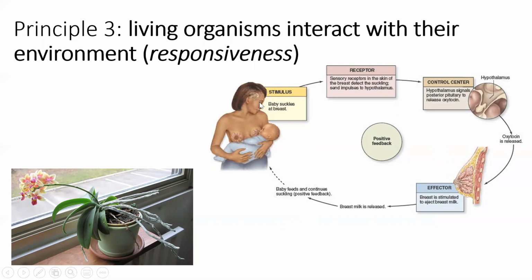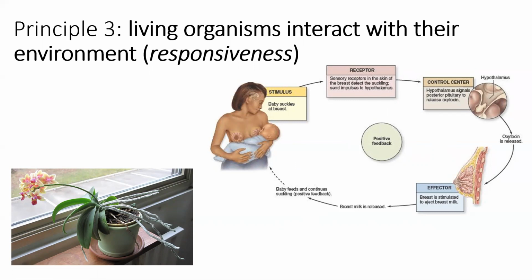Usually the mother will hear the baby crying, and then there'll be a release of oxytocin from the pituitary gland, which will then allow what we call milk letdown. And then that's going to push the secretion of milk in a response we know as positive feedback. So, the ability to respond to the environment.